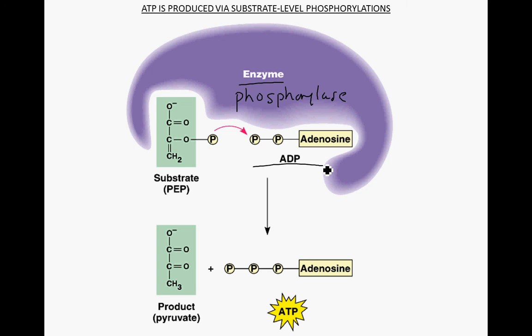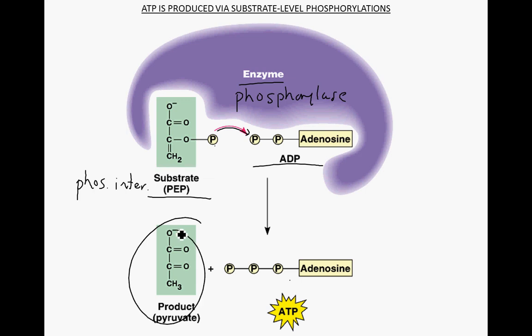Well, it's going to take the phosphate from this substrate that is phosphorylated. So this is a phosphorylated intermediate molecule. In substrate level phosphorylation, you grab the phosphate from this substrate and add it to ADP, generating ATP. And then here's my dephosphorylated substrate.